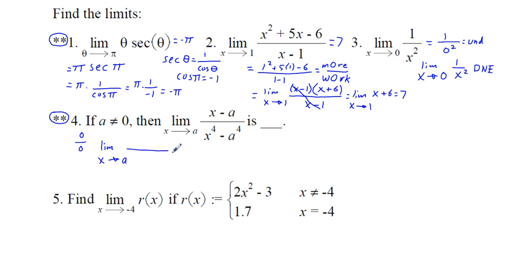In the numerator, we have x minus a. In the denominator, we're going to use a difference of squares. Using the difference of squares, we're going to have x squared minus a squared times quantity x squared plus a squared.